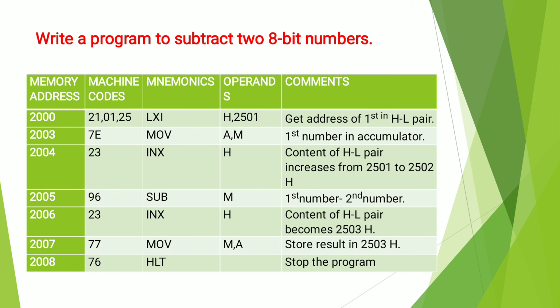Now a program to subtract two 8-bit numbers. LXI H, 2501. Get the address of the first number in the HL pair, means the HL pair has the address 2501.